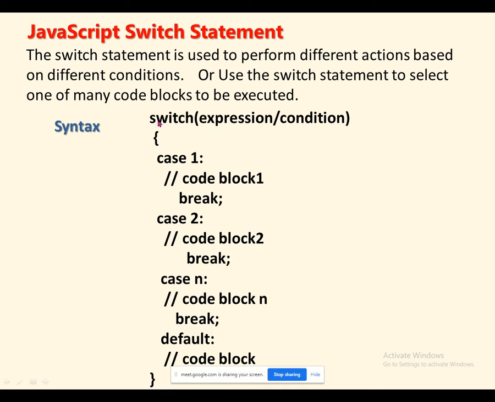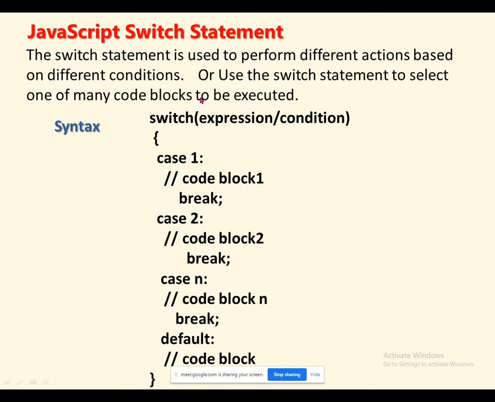Now see, as I told you, the meaning of the word switch: according to the condition, switch to case 1 or case 2 or case 3 or case 4 or case up to n.